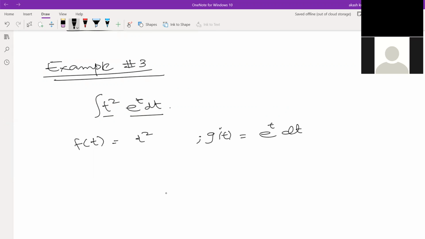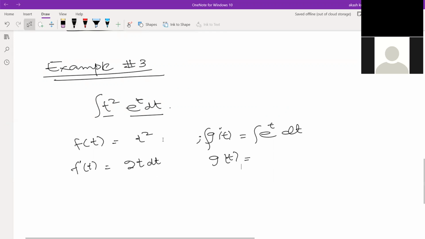We need f dash of t in our formula, so it becomes 2t dt, and we have to integrate it to get g of t. The integral of e raised to the power t will be the same.